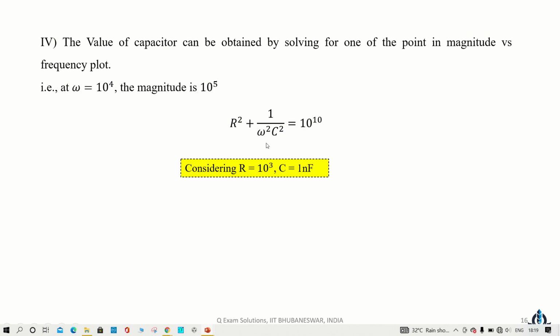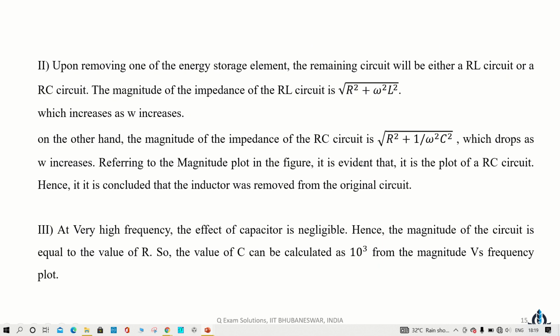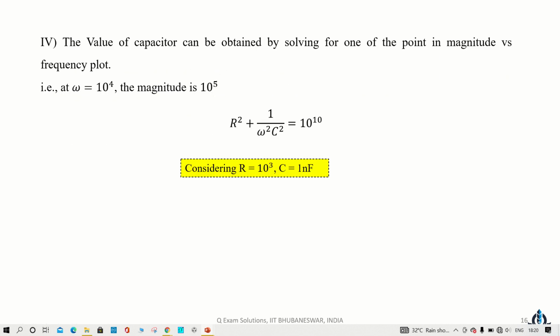So this is the Z, and Z is equal to root under R square plus 1 by omega square C square. If you square the Z, then the root will cancel, and it becomes 10 to the power 10. I have considered the frequency as 10 to the power 4. That's why I have taken the magnitude squared as 10 to the power 10.